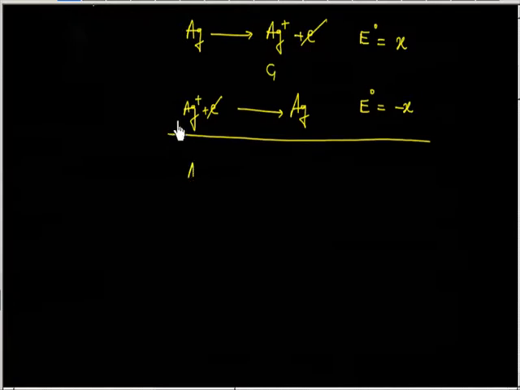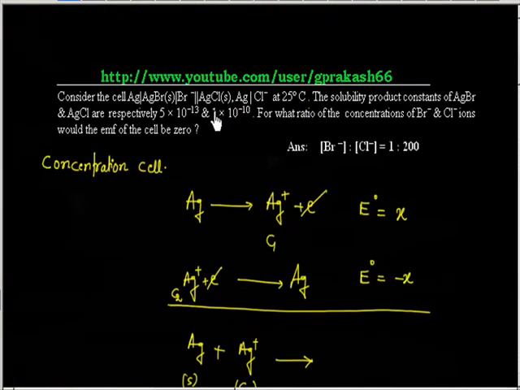So let us call the concentration of Ag plus here C2, and Ag solid reacts with Ag plus. This concentration C2 is basically coming from Cl minus, since in the second compartment you have Cl minus.